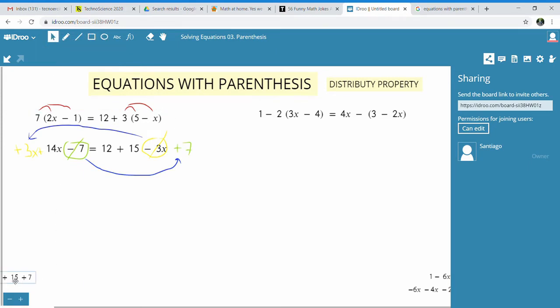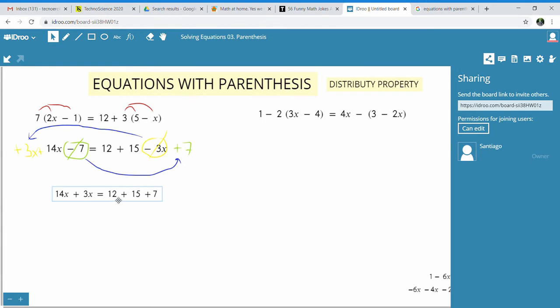So this is now the new equivalent equation, because we have added 3x in both sides of the equation, we have added 7 in both sides of the equation. And now we have this.